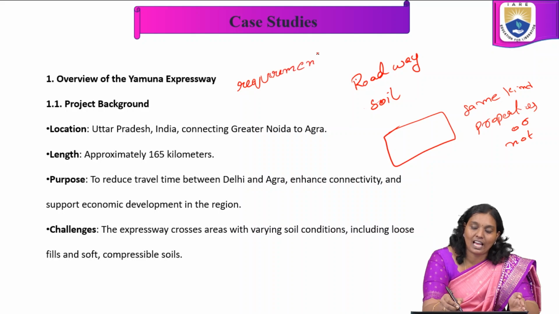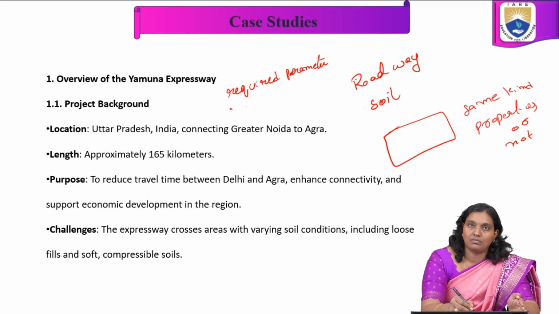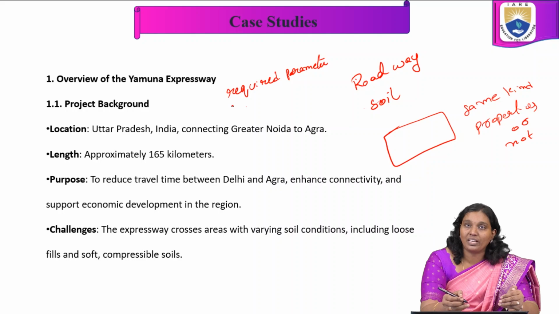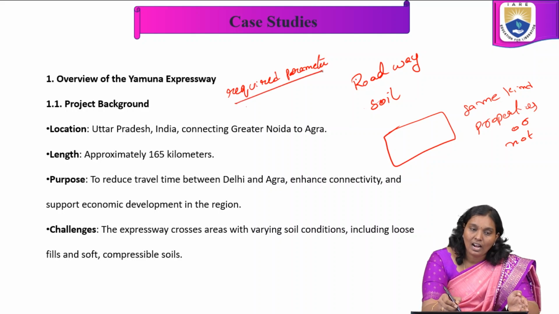For that we have to understand the requirements for construction of the highway, and what the actual parameters are. What are the expected needs for that particular project, what parameters we require, and what the actual parameters are.